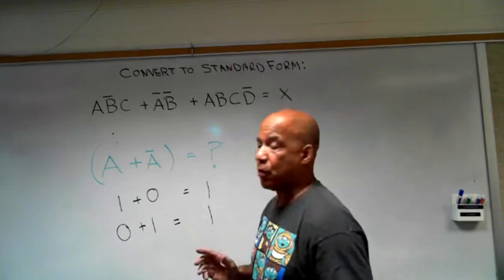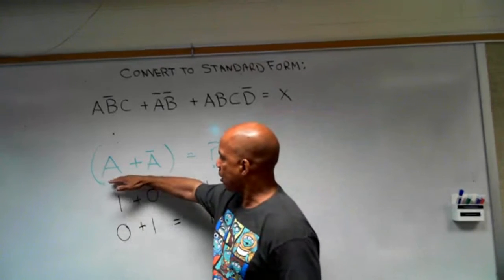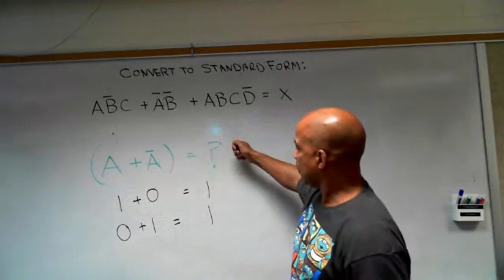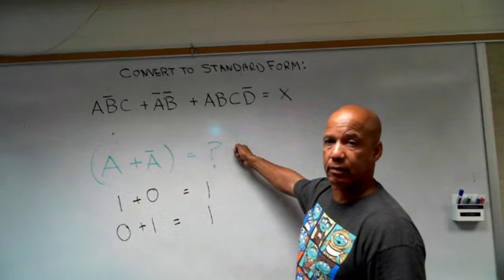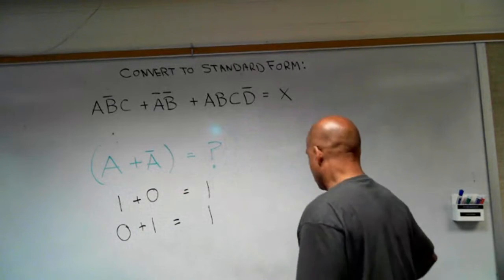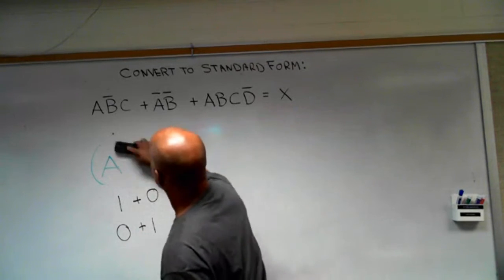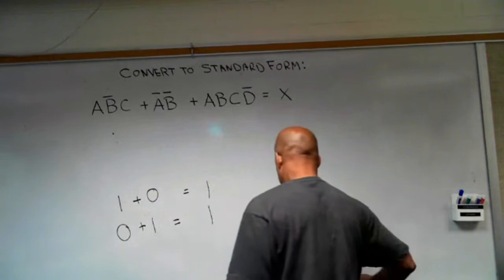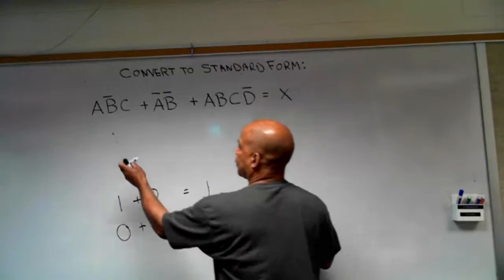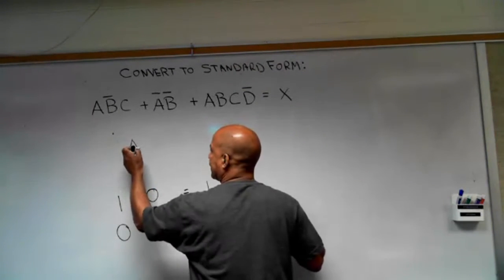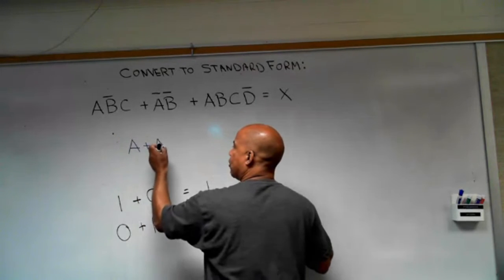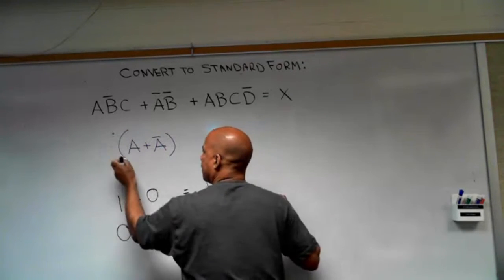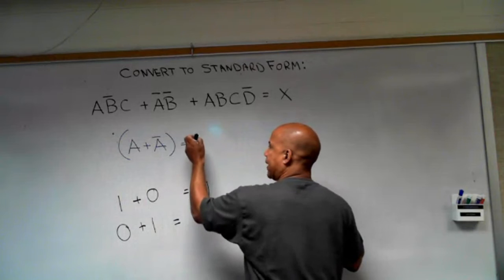So anytime, and this is important, anytime you OR a variable with its complement, you always get a logical 1 back. So that's one rule that we'll use to help us convert a non-standard SOP to a standard one: when I take a variable and OR it with its complement, I get a 1.